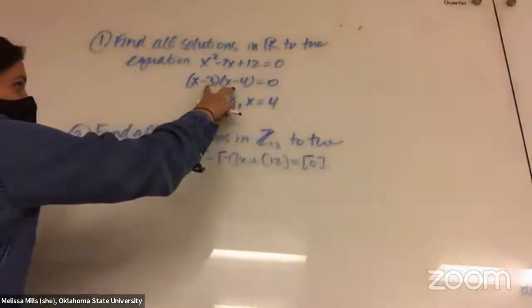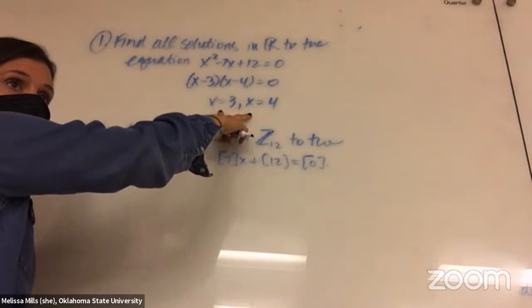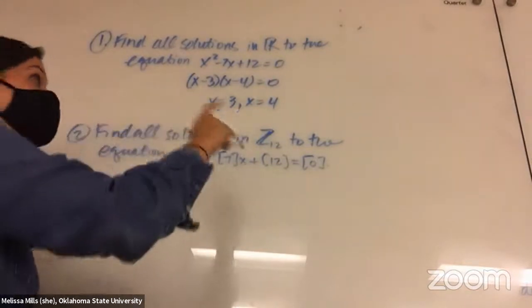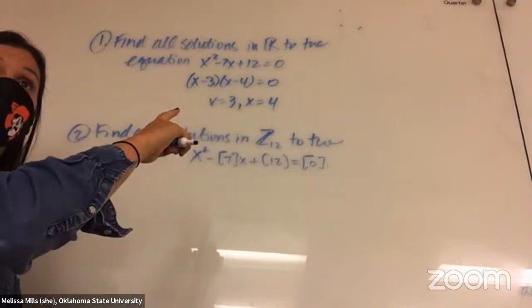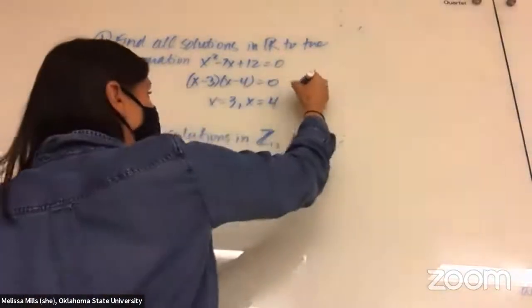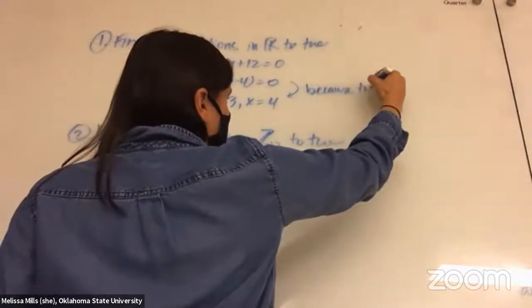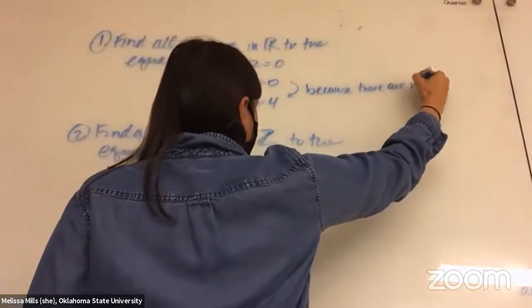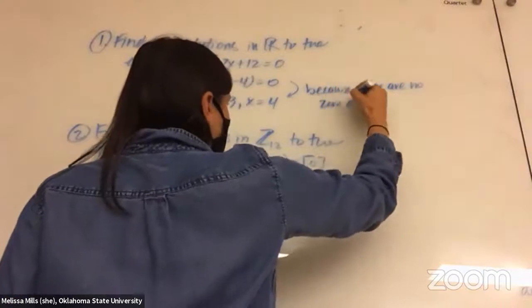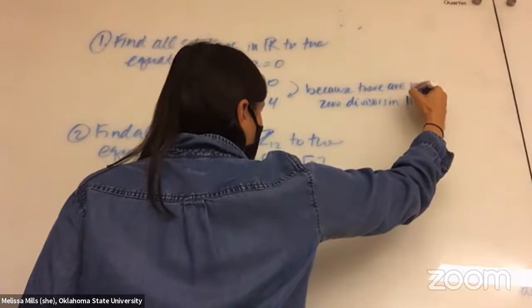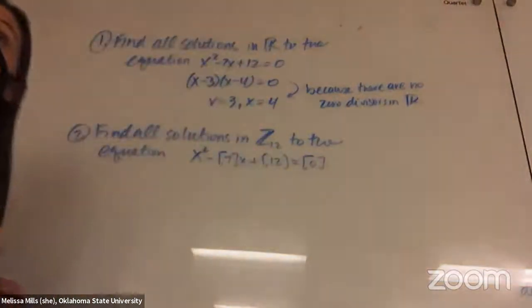So how can I go from here to here in the real numbers? Yeah, because I have no zero divisors, right? Going from here to here is because there are no zero divisors in the real numbers.